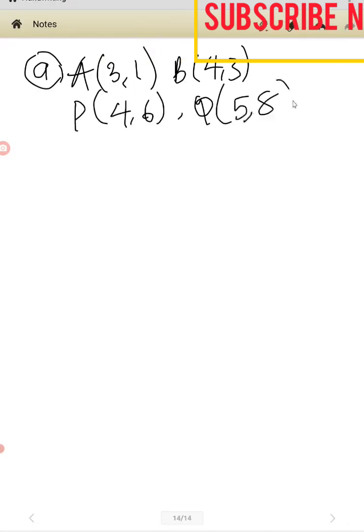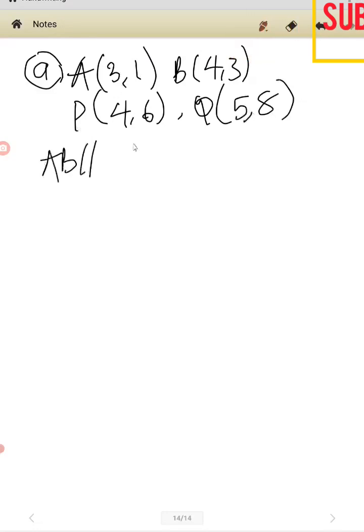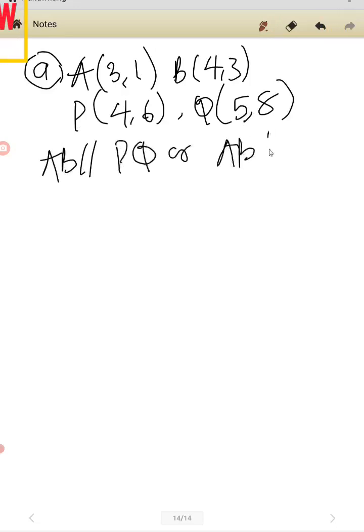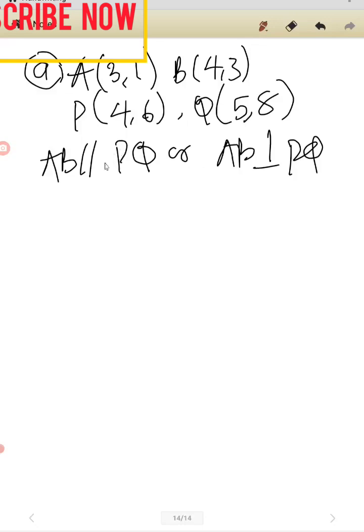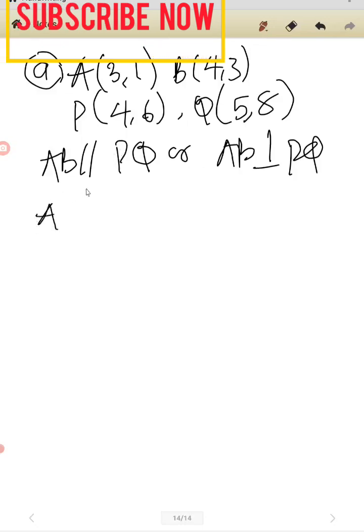We want to know whether AB is parallel to PQ or AB is perpendicular to PQ. How do you know this? The first thing you need to do is to find the gradient of AB.